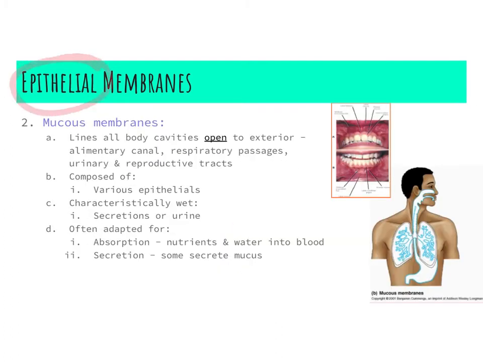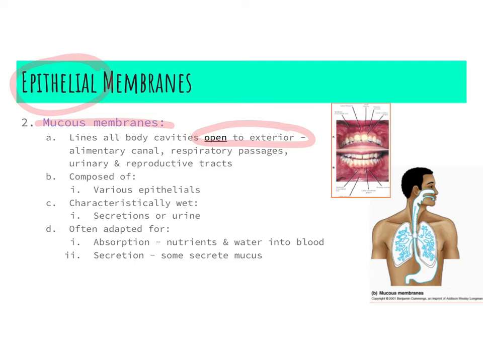The next epithelial membrane that we'll discuss is called the mucous membrane. Mucous membranes line all body cavities that are open to the exterior, which means that they touch outside air, outside air that comes into your body. So, where is that?